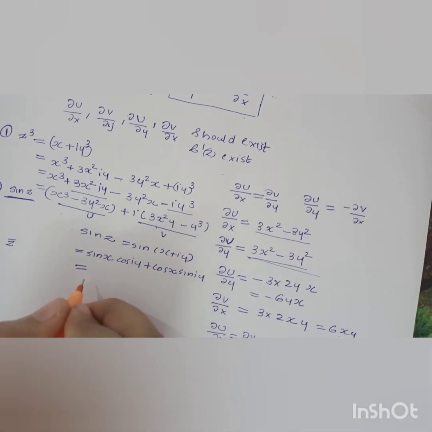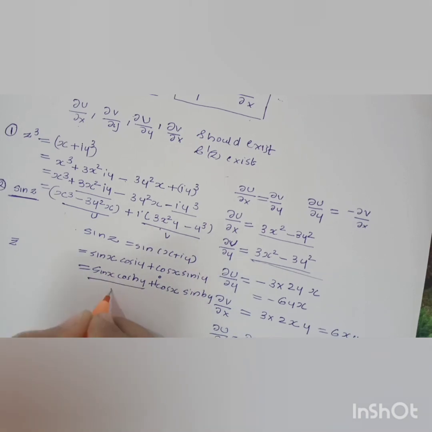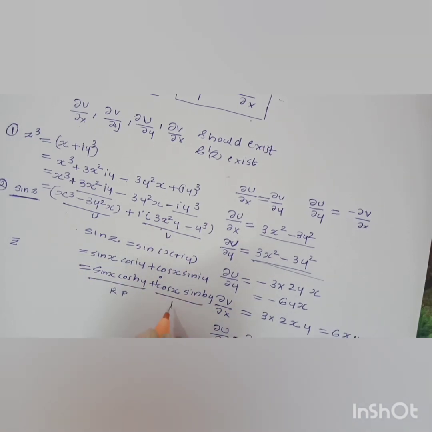So cos iy is cosh y, and sin iy is i sinh y. So sin x cosh y plus i cos x sinh y. This is the real part and this is the imaginary part.